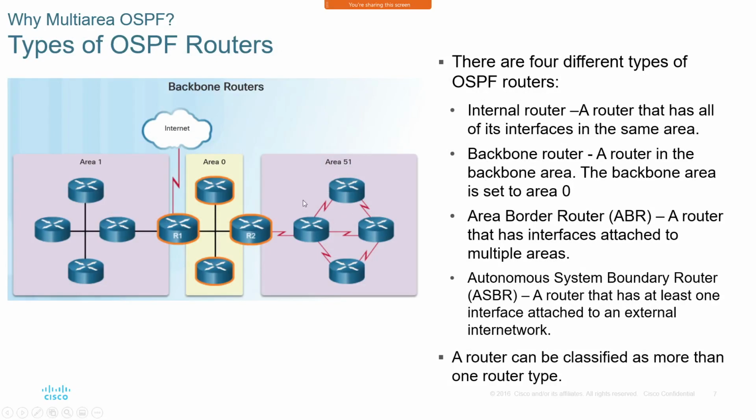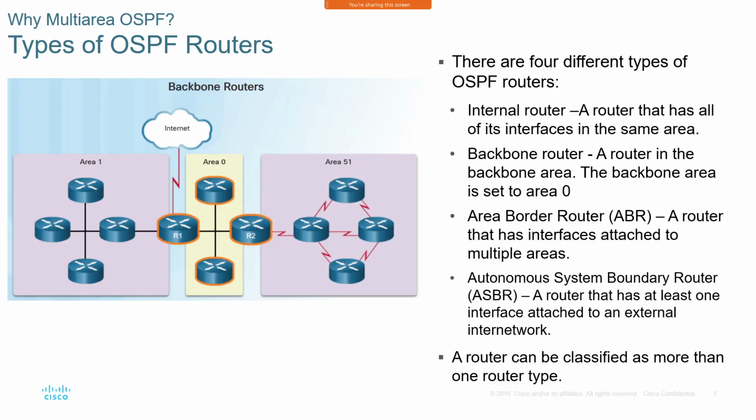Robert? Yes, Shai? Just a quick question. The process ID, just to verify, doesn't have to be the same between the routers in the same area, right? No, it doesn't. It's just an internal local process that runs on the router and can be different between routers. As long as they're in the same area, no, it doesn't have to be the same.